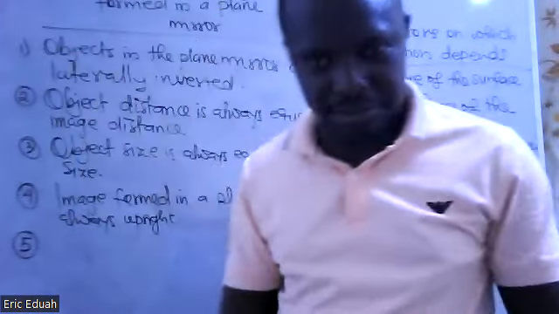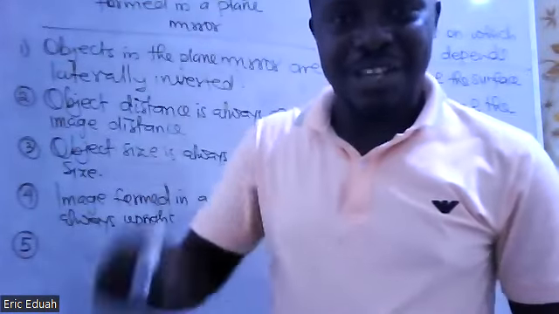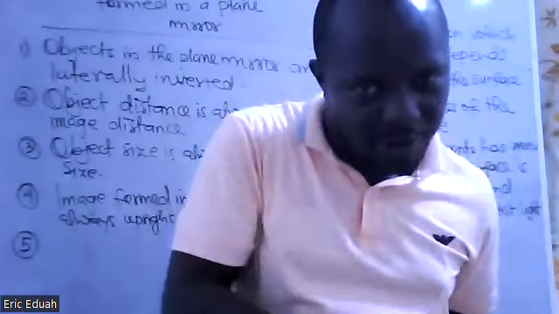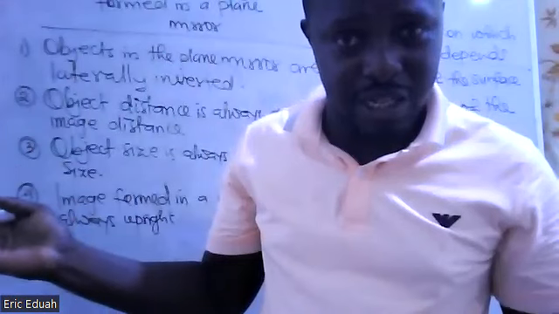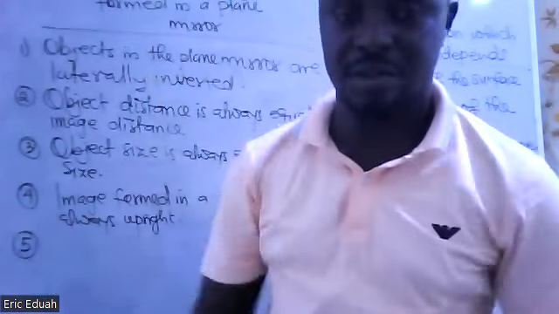She captures nothing. You see something within the mirror, but when you take the mirror off, that thing is not there. Virtual. Images formed in a plane mirror are always virtual.